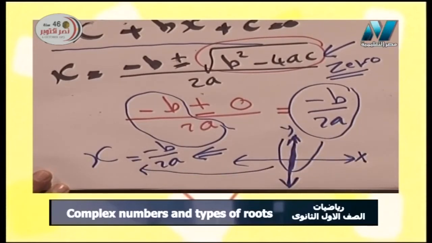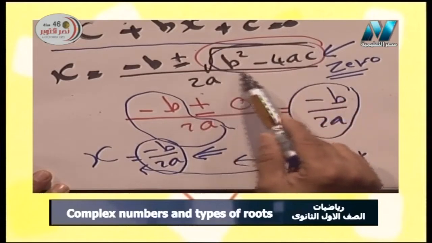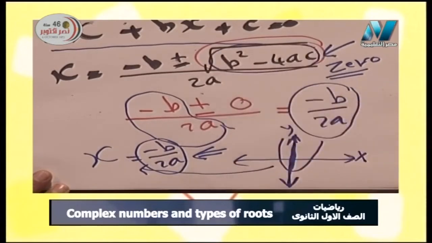And the two roots are equal, and each of them equals this number. So, if the discriminant b² - 4ac equals 0, then x equals just one number. That means that the two roots are equal in magnitude, and x equals this number. It is the axis of symmetry of the parabola.